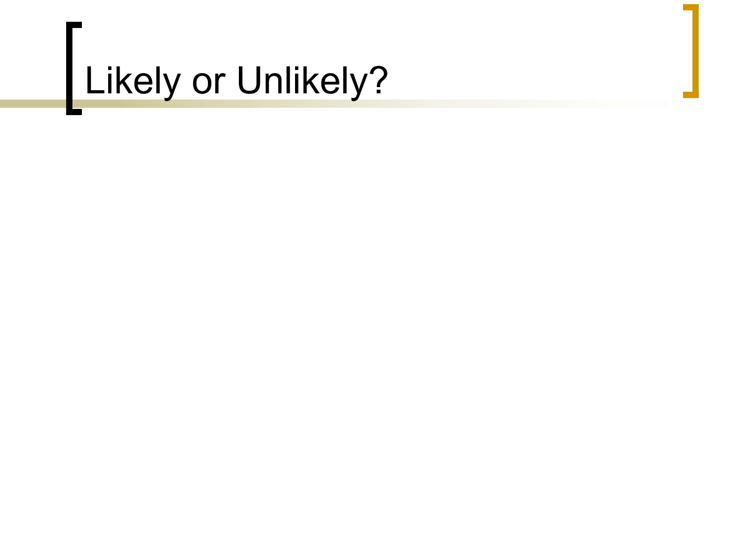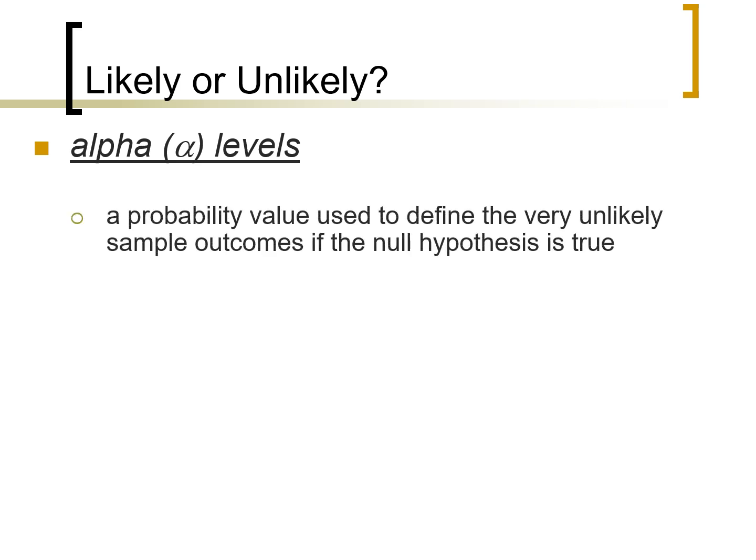So let's think about this likely or unlikely question, and we refer to this as an alpha level. Our alpha level is essentially the probability, and the proportion that goes along with it, of the extreme ends of the distribution.